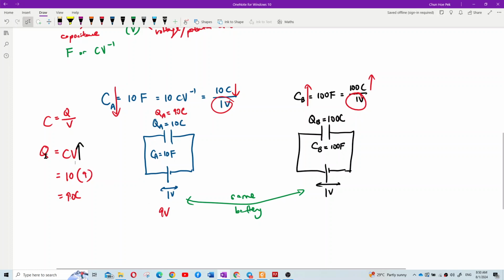The charge is directly proportional to the battery voltage. So the higher the voltage, the higher the charge. Q is directly proportional to V. Understand, class? Good.